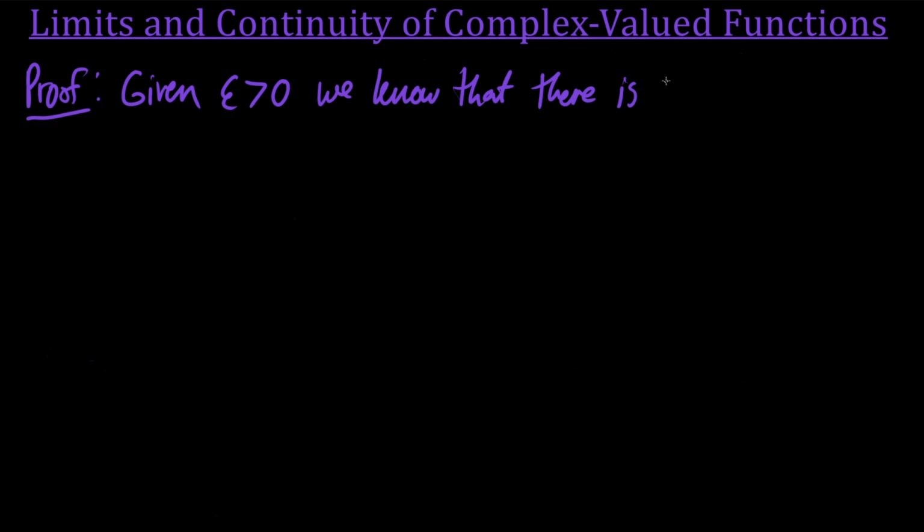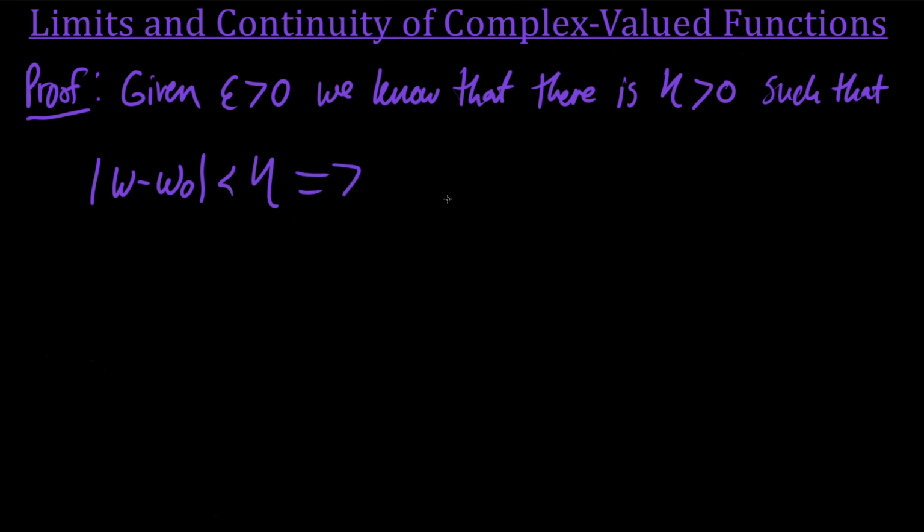What we want to do is say, given epsilon greater than 0, we know that there is eta greater than 0 such that the modulus of w minus w naught being less than eta implies that the modulus of f of w minus f of w naught is less than epsilon.